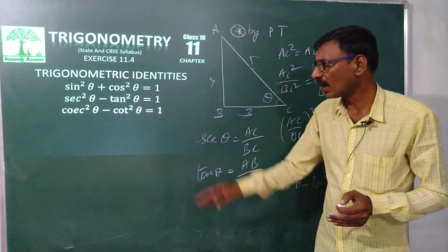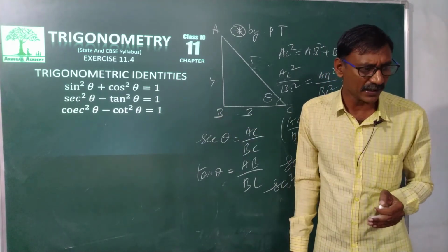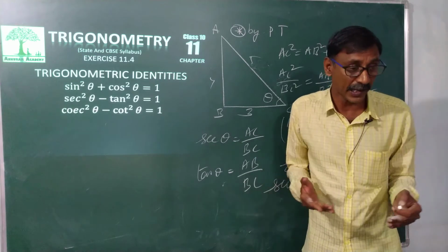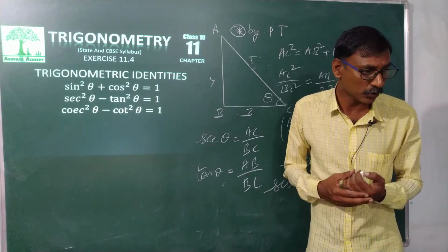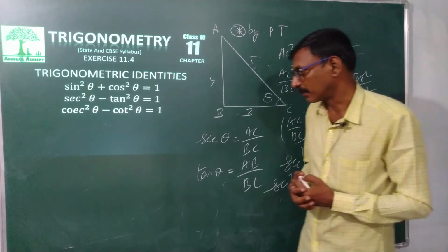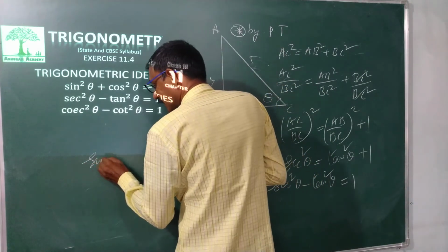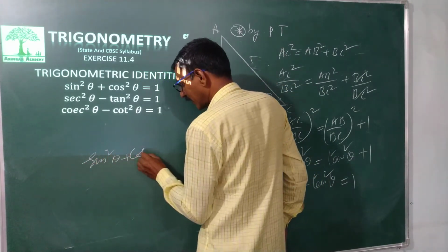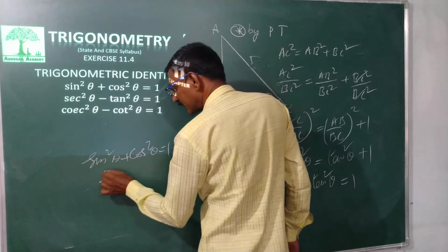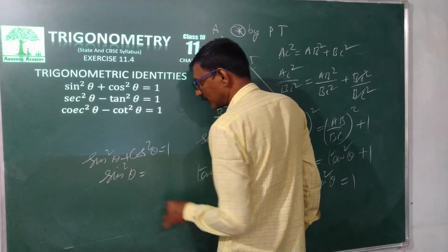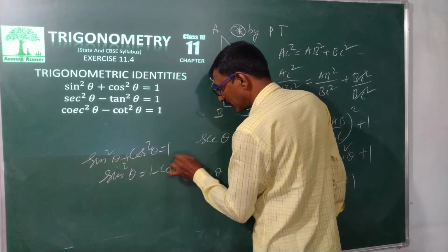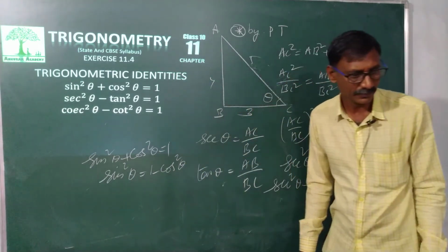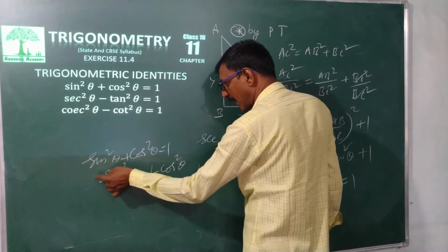And sin square theta plus cos square theta equals 1. From that we can write two formulas. For example, sin square theta plus cos square theta equals 1. Then sin square theta is equal to 1 minus cos square theta, because it is adding, it will go this side.